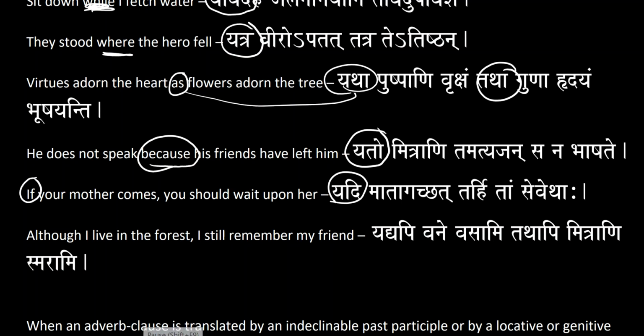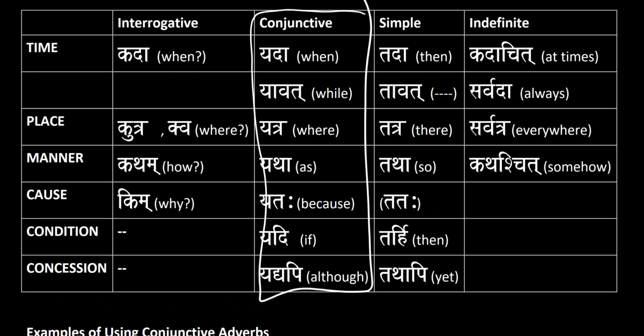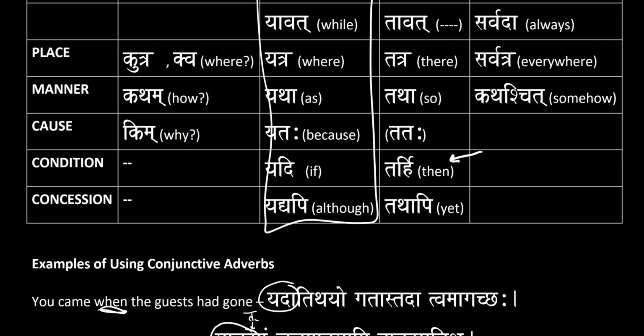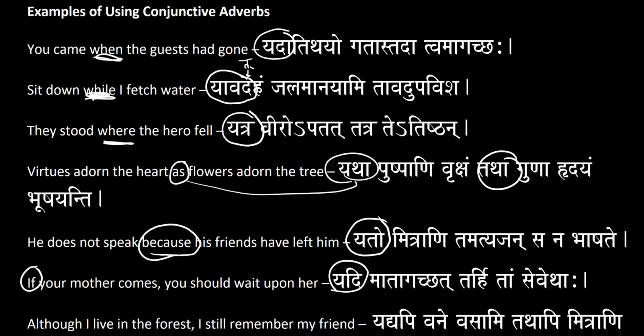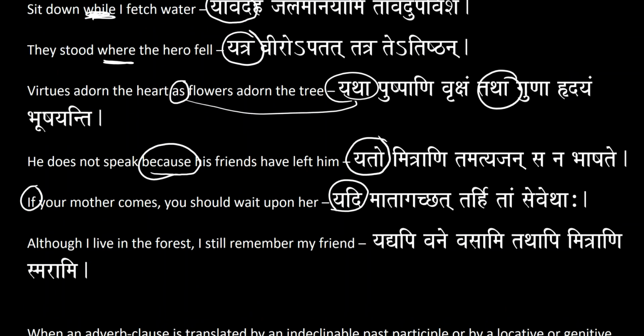I'm not sure if I mispronounce this word. Tarhi means the word then. I hope I didn't say tahir, but it's tarhi. So back to the sentence, if your mother comes, you should wait upon her. The word for if is yadi.